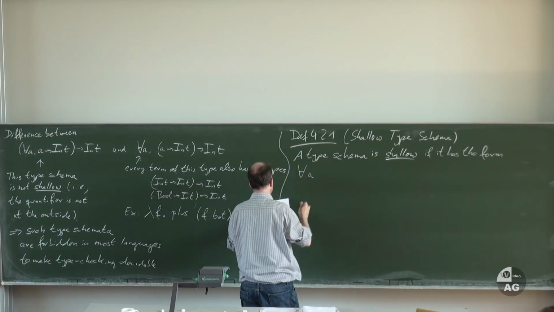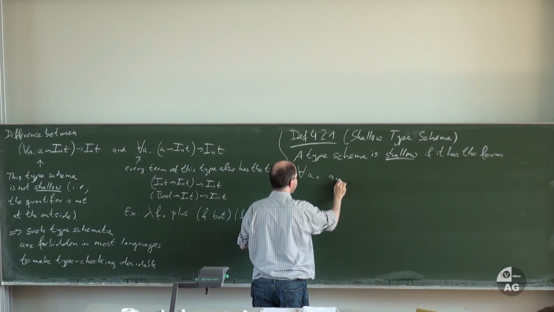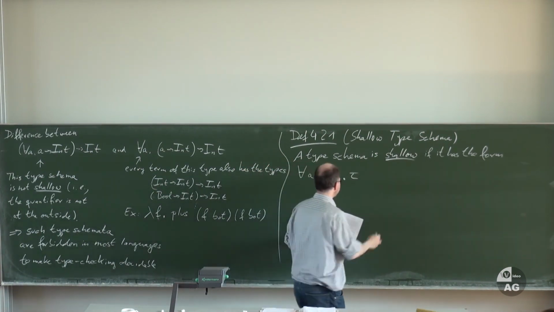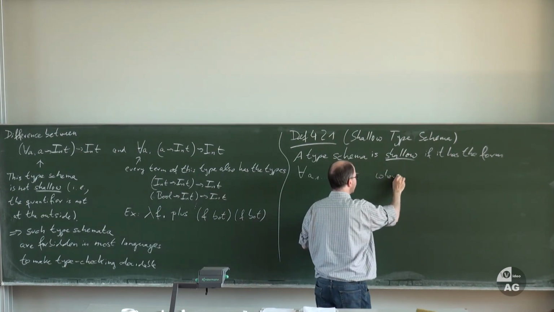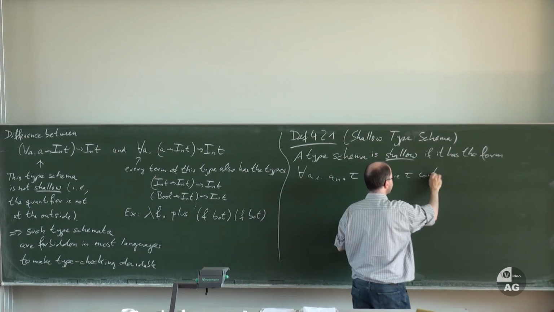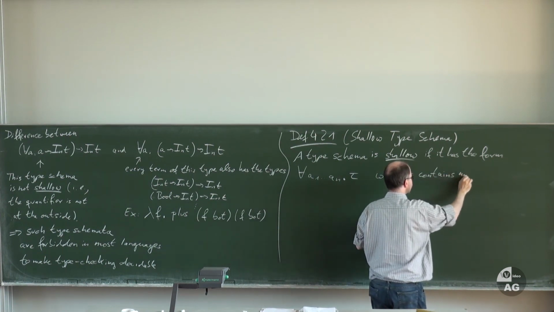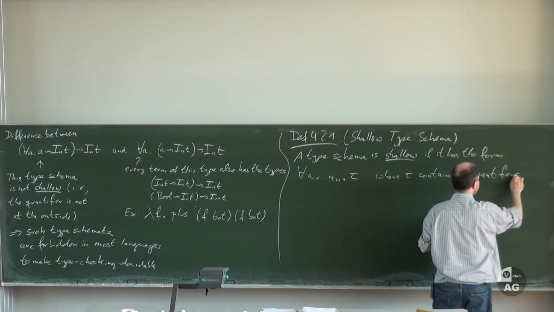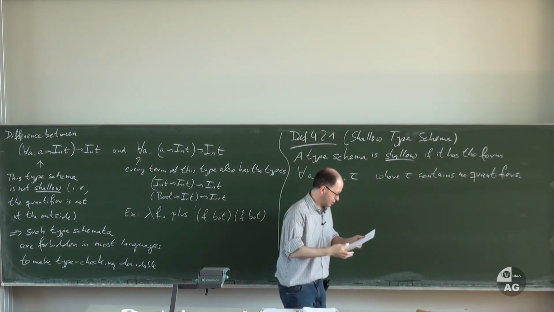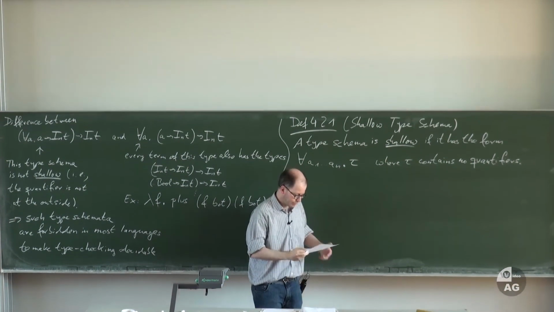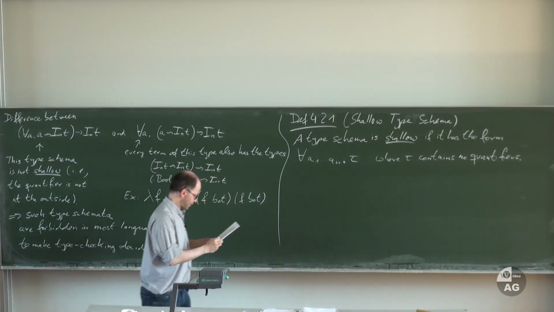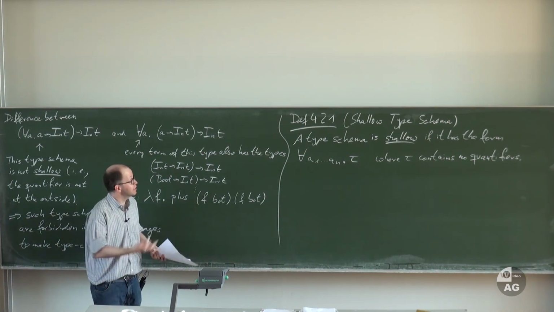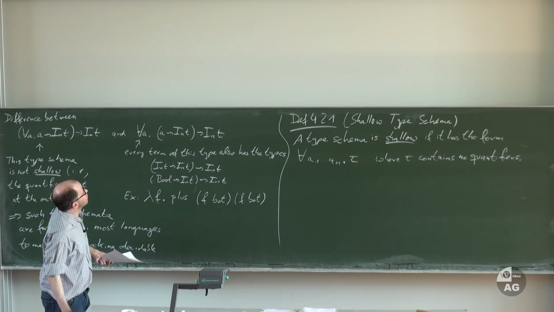The quantifiers are only at the very outside. So for all a1 to an, and then after the dot, there are no quantifiers anymore, where tau contains no quantifiers. In other words, tau is a type, not a type schema. And this is the reason why this term up there is not well typed.